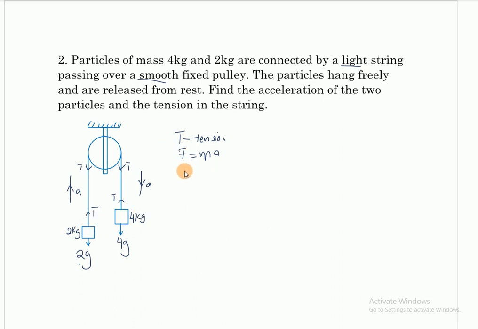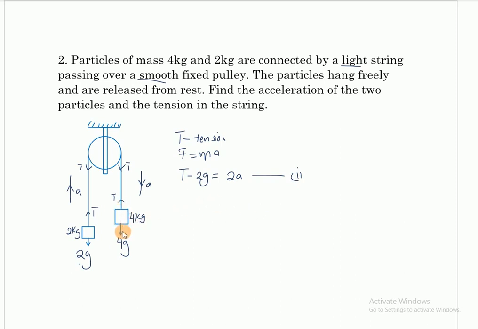So using F equal to ma, consider motion of the 2 kilogram body. Since the body is moving upwards, the tension is greater than the weight. So I have that T minus 2g is equal to 2a, because the mass involved is 2 kilograms.